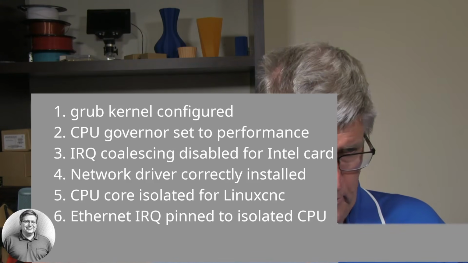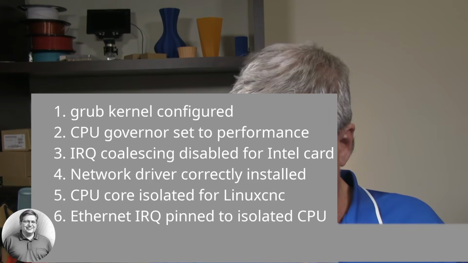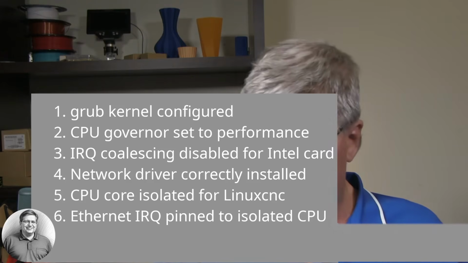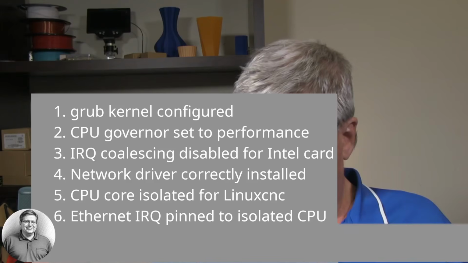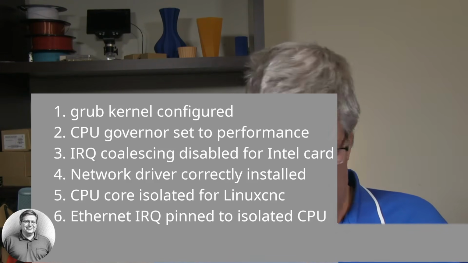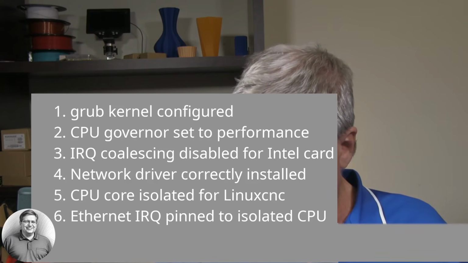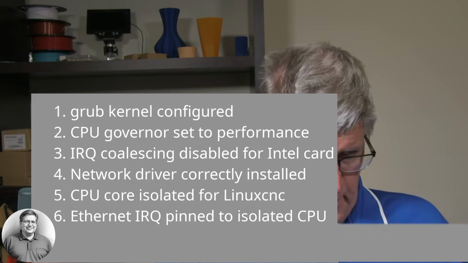And the CPU core that's running LinuxCNC, core 7 on this PC, has been isolated, so it's not used by anything else. And we have our Ethernet IRQ for the network card in use pinned to that isolated CPU, so it's nice and close, so there's no latency as things swap from one CPU to another.